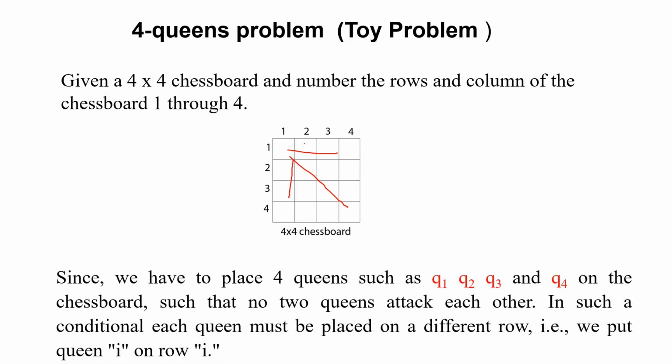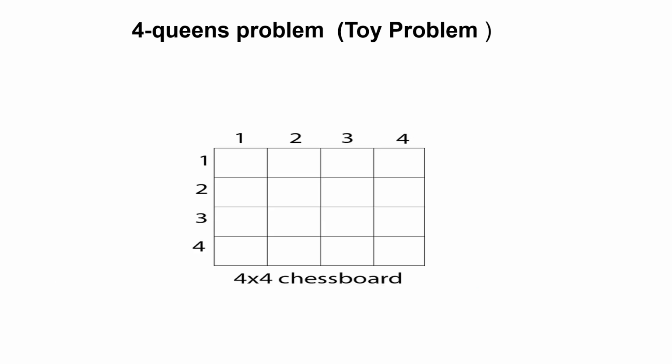So we have to place 4 queens Q1, Q2, Q3 and Q4 on the chessboard such that no 2 queens attack each other. In such a condition, each queen must be placed on a different row, that is, we put queen i on row i.